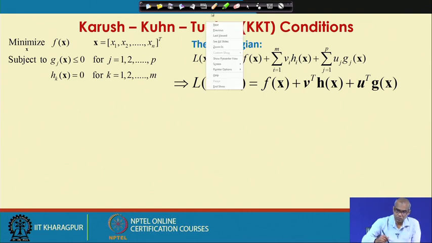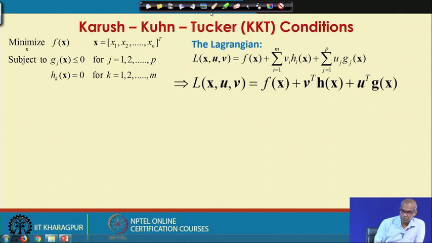To define the Lagrangian, we define p Lagrange multipliers, u_j, one for each inequality constraint.